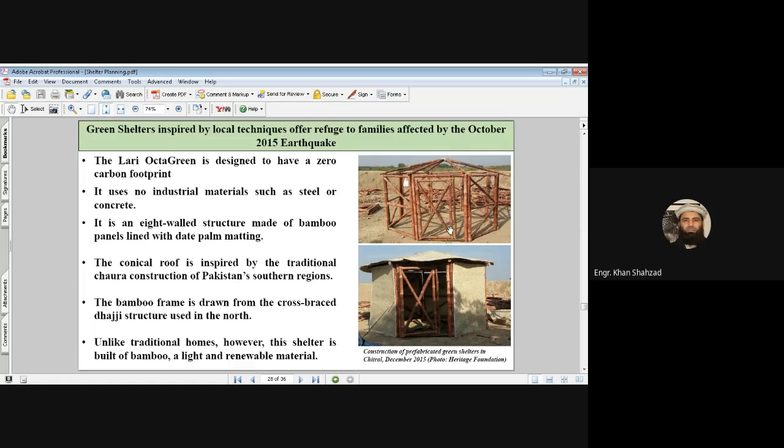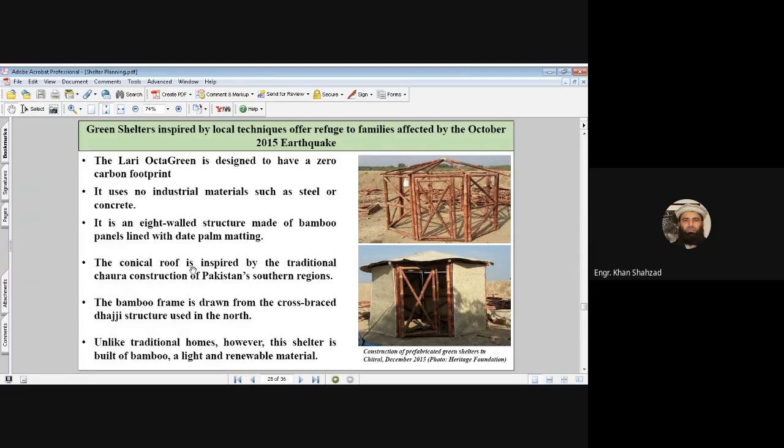So here you can see the skeleton of this shelter. The Lari Akta Green is designed to have zero carbon footprint emission. It uses no industrial materials such as steel or concrete. It is an eight-wall structure made of bamboo panels lined with date palm matting. So this is the mat we make, and you can see they can use it as a mat inside these shelters.